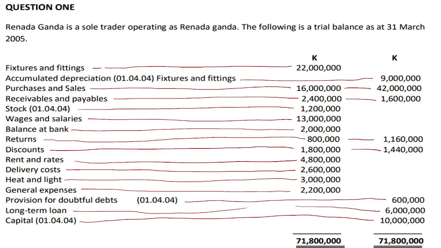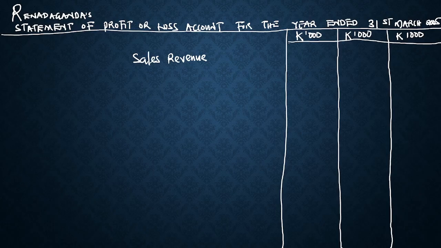If you look at our question, our sales is 42 million, not so? Then sales returns is 800, right? So 42, take note, I've rebased the zeros.